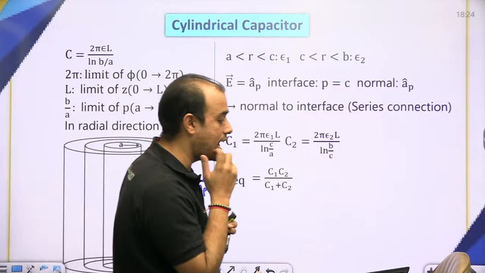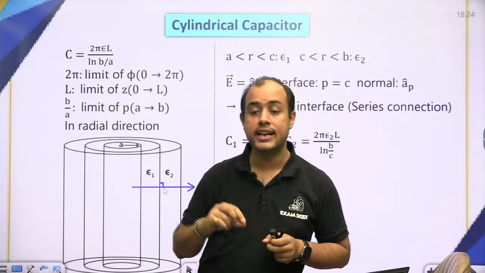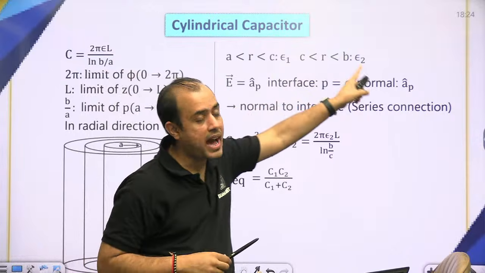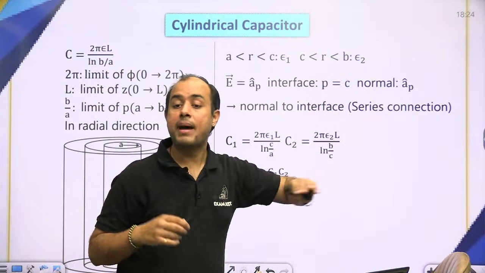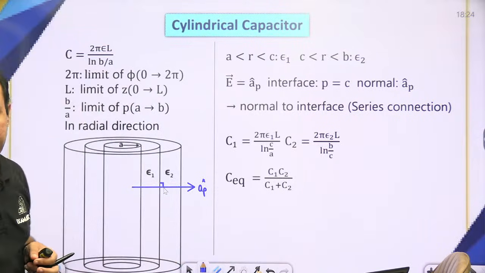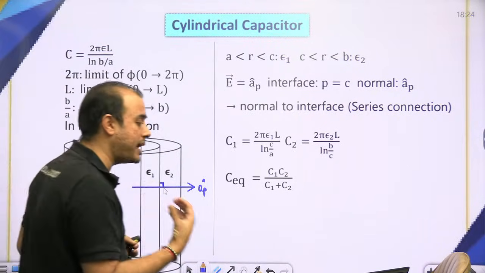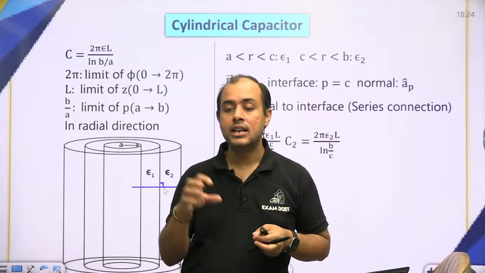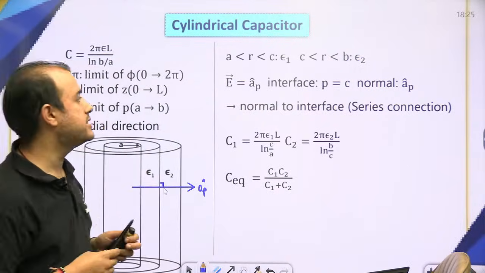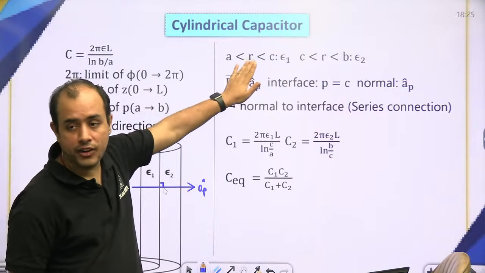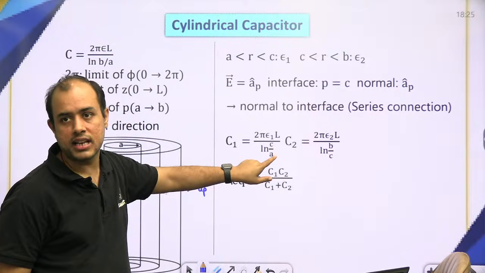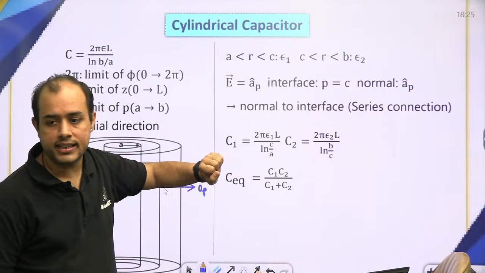Cylinder को हमेशा एक line charge की तरह से treat करते हैं और उसकी इलेक्ट्रिक फील्ड एरो कैप में आती है. तो it is parallel to the normal. पैरेलल टू द नॉर्मल माने परपेंडिकुलर टू द इंटरफेस. अगर कोई चीज परपेंडिकुलर के अलोंग आ रही है तो सरफेस के परपेंडिकुलर ही कहलाएगी. तो that will be series connection. For the first capacitor I will take log C by A because outer radius is C, inner is A.